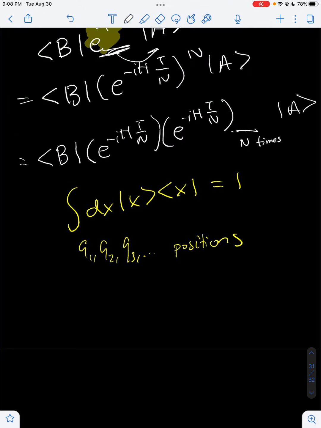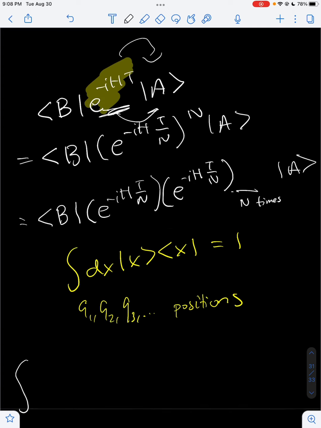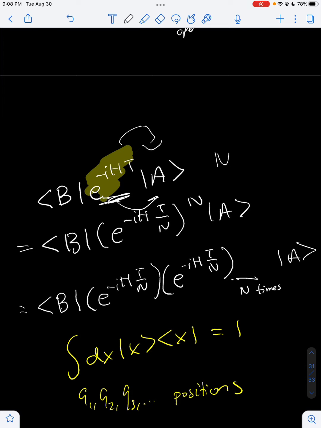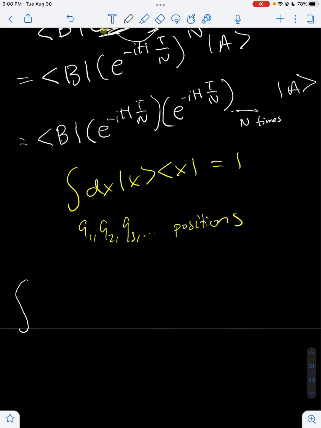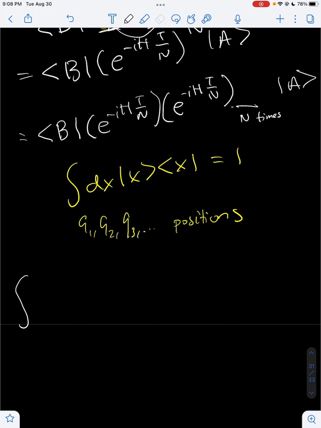So before we do this, let's use the case where n equals 2 for a nice example. So we'd have, actually no integral so far, let's just do the bare expression.